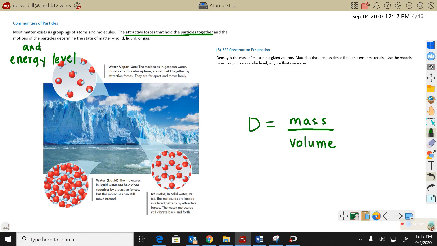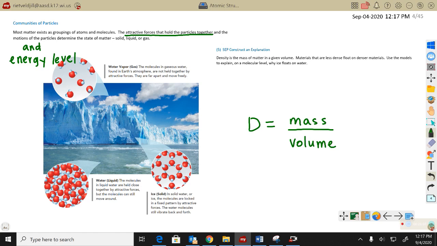Now that could mean a couple things. It could mean that the particles themselves are just really heavy, so that they're just very massive. It could also mean that the particles are very close to each other, that in a given volume, if the particles are really close to each other, there would just be more particles.